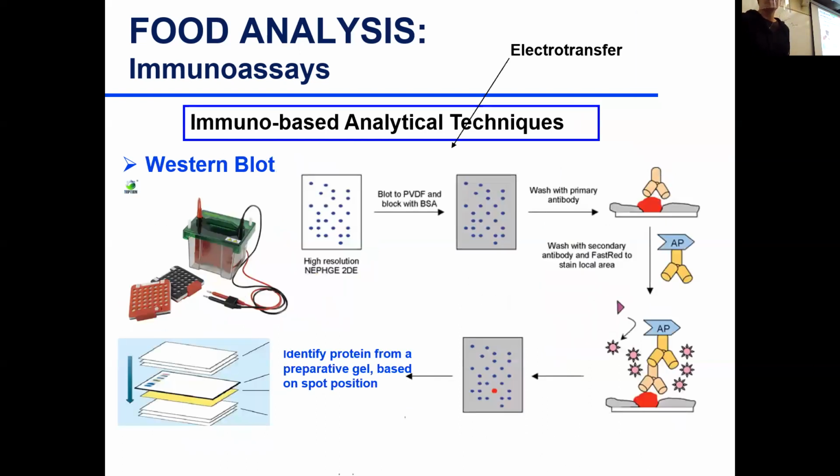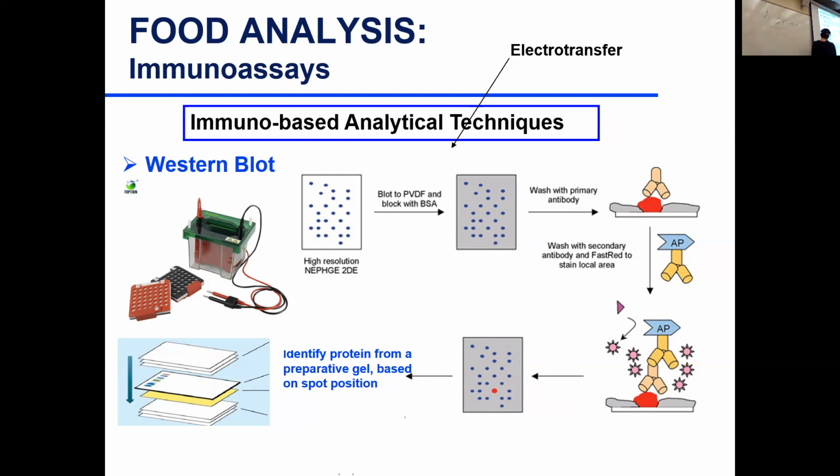Now, immunoblot or Western blot specifically. So what you do here is you run a gel, and usually a 2D gel, because then you can separate the proteins even more, and you have spots of your proteins separated, and then you transfer them to PVDF membrane.